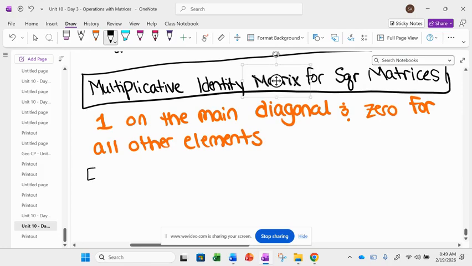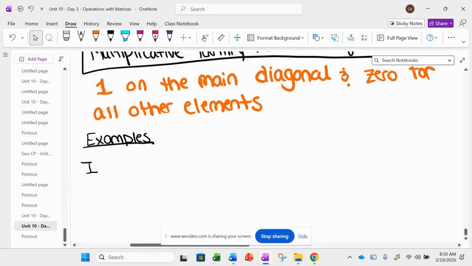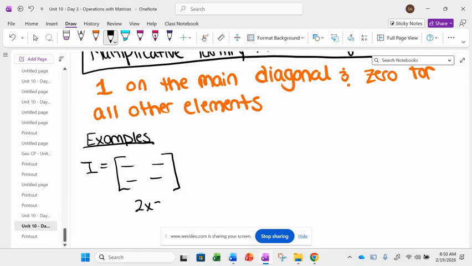Okay, so examples. So I, for a 2 by 2 matrix, would be ones on the main diagonal. The main diagonal starts in your upper left corner and goes down. So I'm going to put a 1 here and a 1 here. That's our main diagonal. And then it's zeros for every other element.